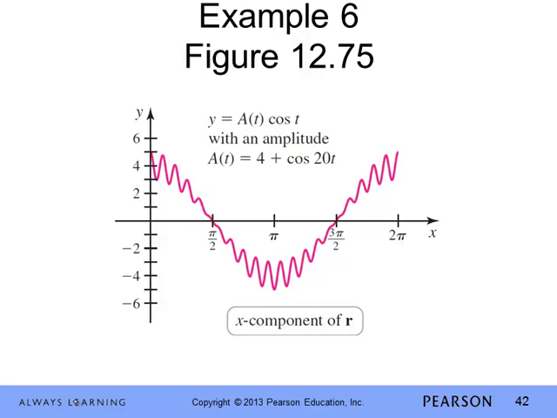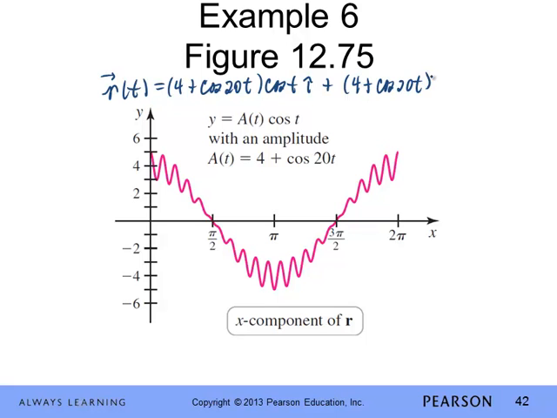We're not going to do too much with this, but just take a look at the graph of the curve r of t is equal to the quantity 4 plus cosine of 20t times cosine of t i hat plus the quantity 4 plus cosine 20t times sine of t j hat plus 0.4 times the sine of 20t k hat.